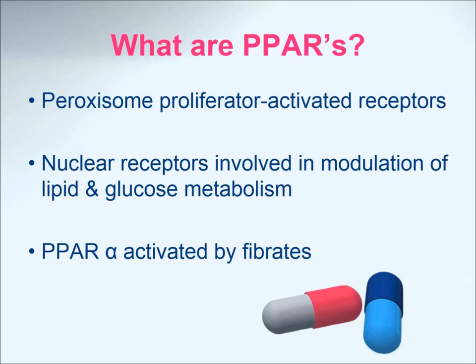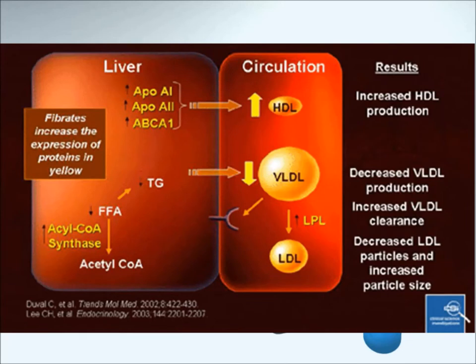So the PPAR alpha that we're talking about here, that is activated by the fibrates, actually allows the adjustment of the rate of fatty acid breakdown, and it increases fatty acid breakdown rates. We're not going to go into any great detail about exactly how and why they do this, but the next diagram will give you a roundup of how activation of PPAR alpha leads to lowering of lipids.